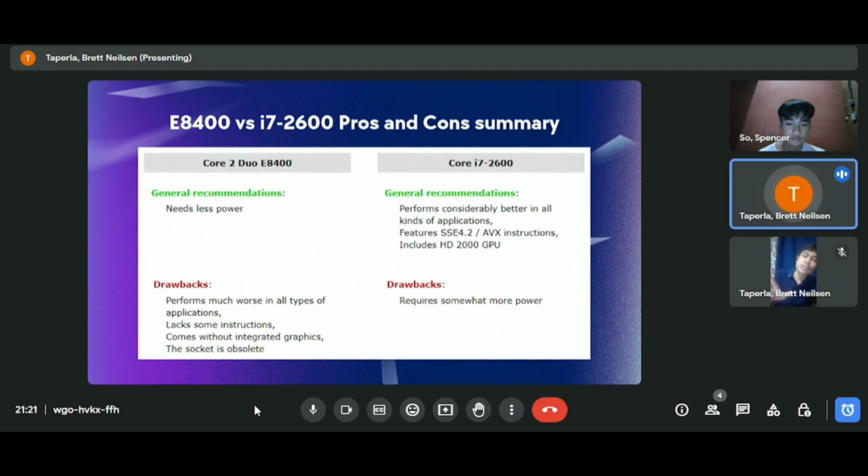From the drawbacks of the Core 2 Duo, it performs much worse in all types of applications. It lacks some instructions, and although it is old, it comes without integrated graphics, and its socket is obsolete. While for the i7, the drawback is that it requires somewhat more power, so the power consumption is high.